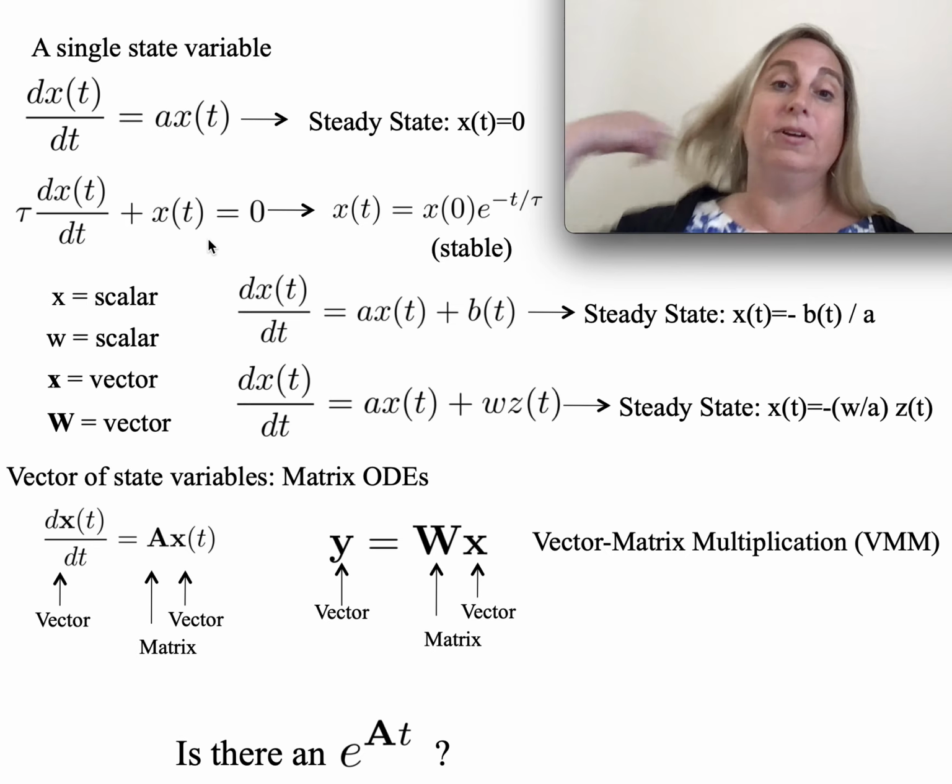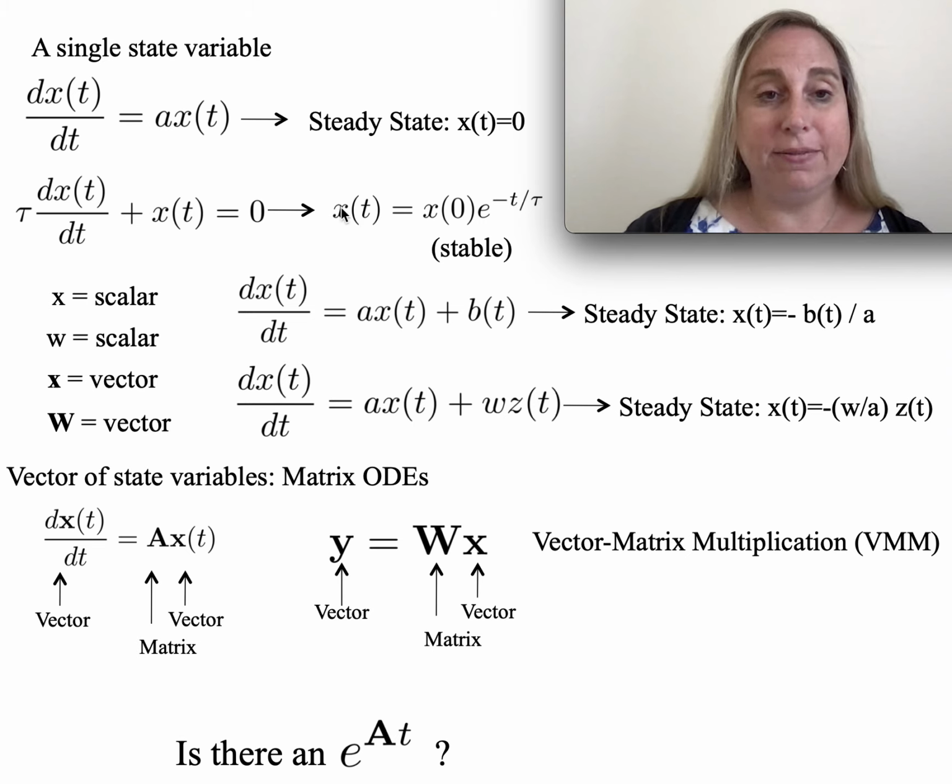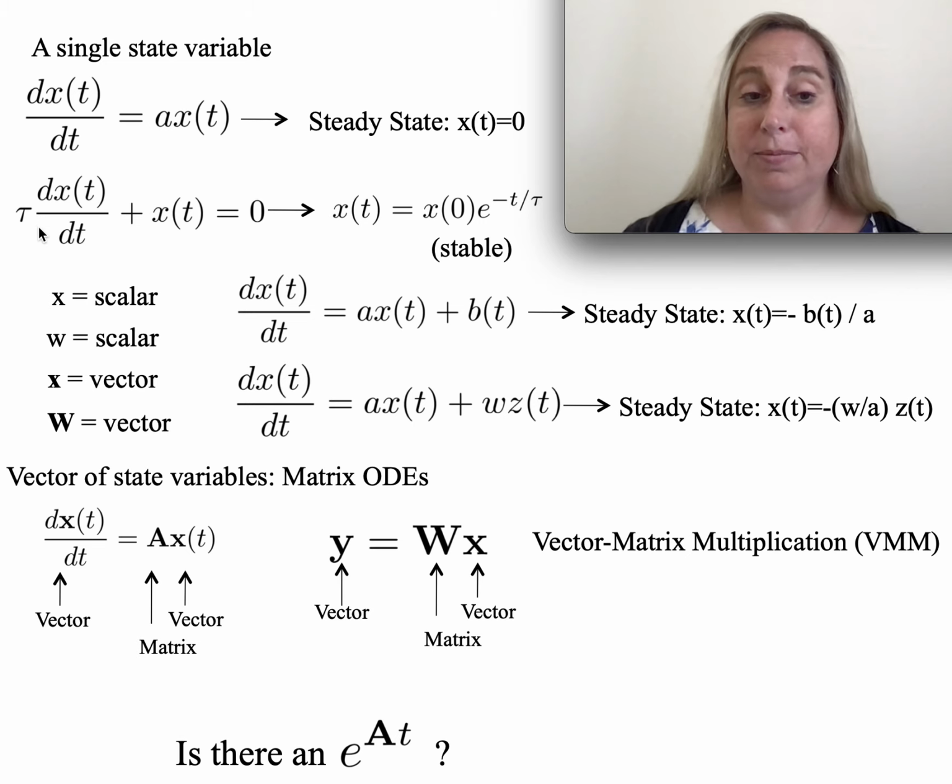You'll see this used in many places. So x of t is equal to its initial condition times the core of the solution, e to the minus t over tau, where tau is exactly that variable. And you think, okay, that makes a lot of sense.